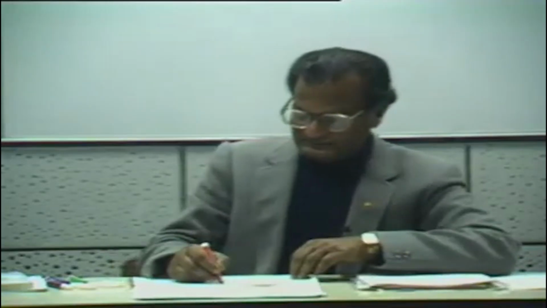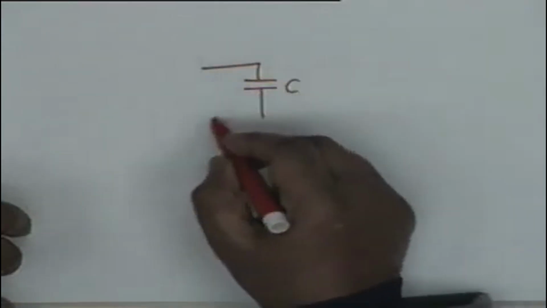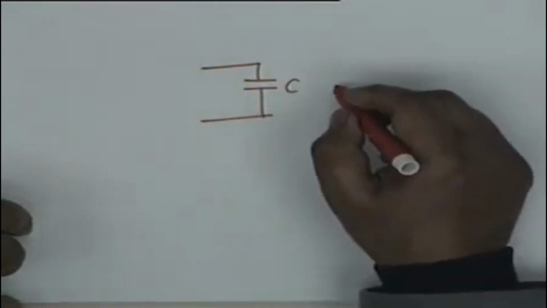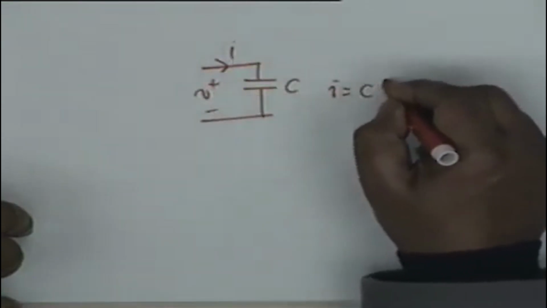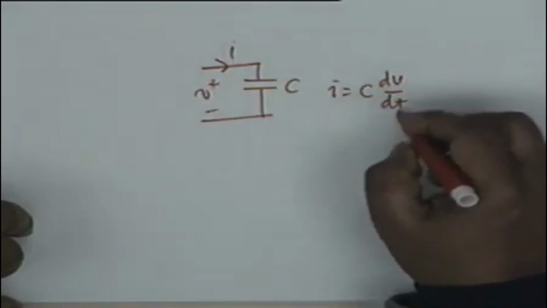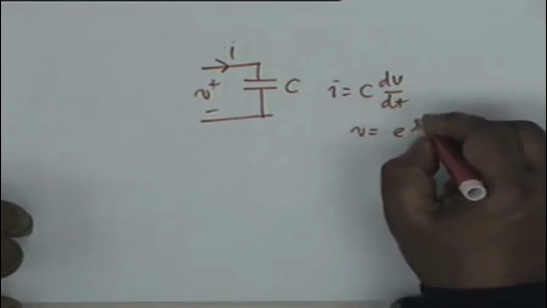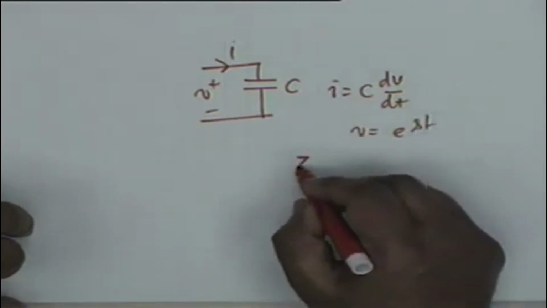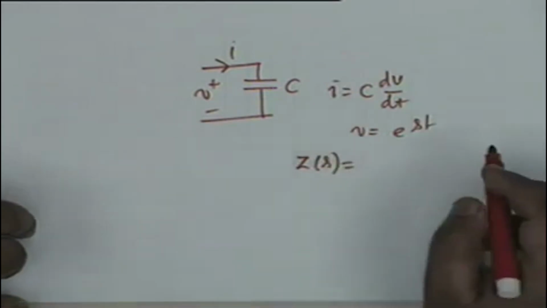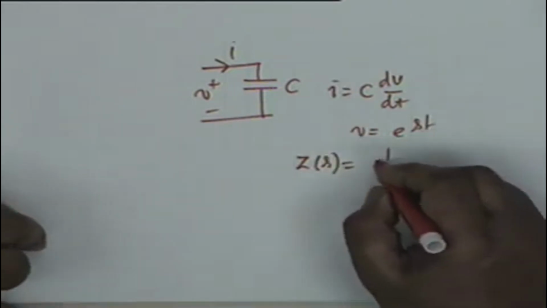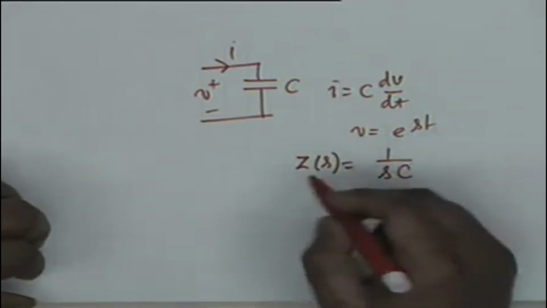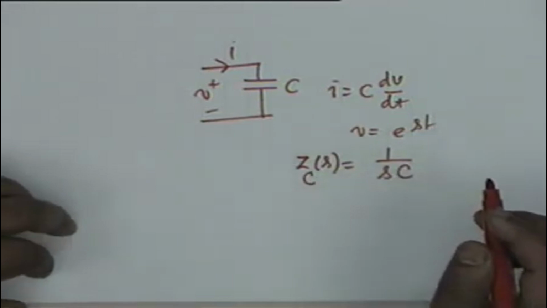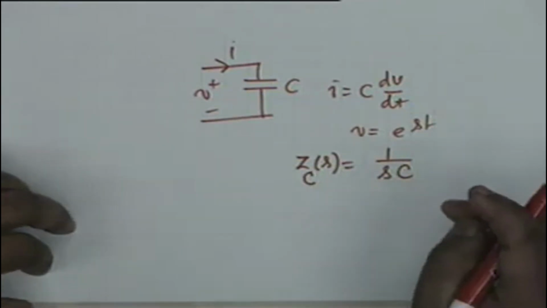If I take a capacitor C, you know the current I equals C dV/dt, and if V is of the form e to the st, then Z(s) is given by 1 over sC. This is the impedance of a capacitor, Z_C(s).